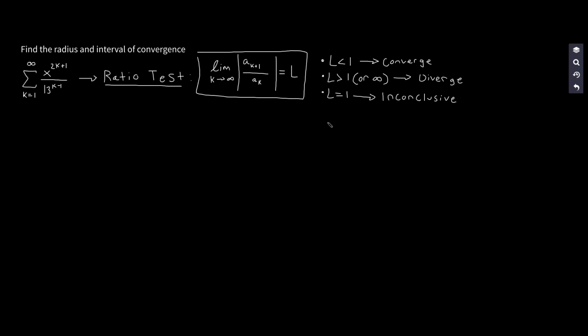It should be said that I don't think I've mentioned this before on my channel. For any series to even have a chance of converging, which again means that the summation adds up to a finite number, the terms that we're going to be adding together need to be getting smaller and smaller and eventually approach zero.